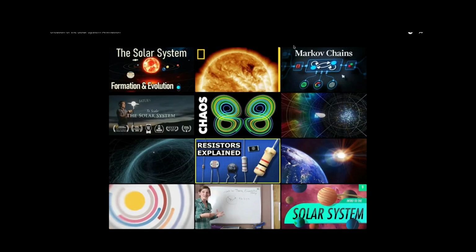Let me show you one other thing. This is a simulation I found online, and it gives you the idea of how the planets formed due to gravitational forces. So remember, gravity is mass attracted to other mass.